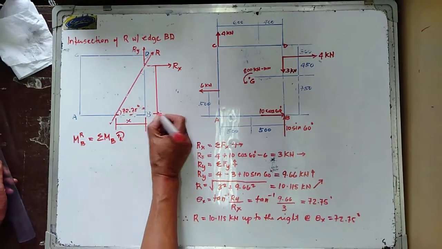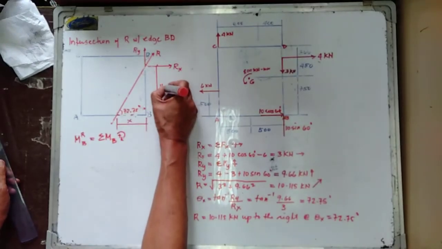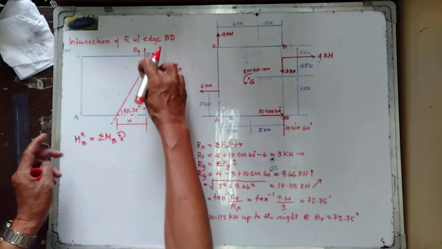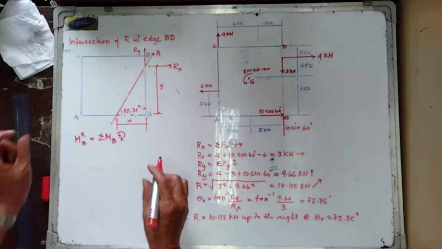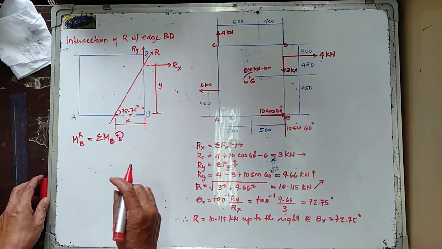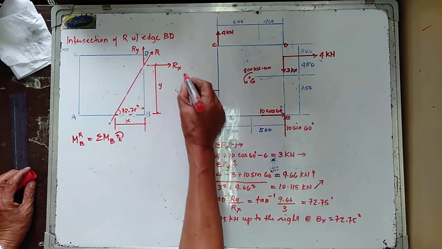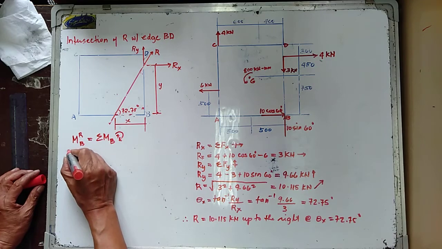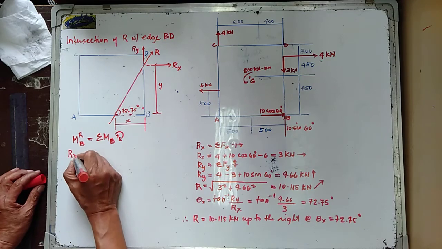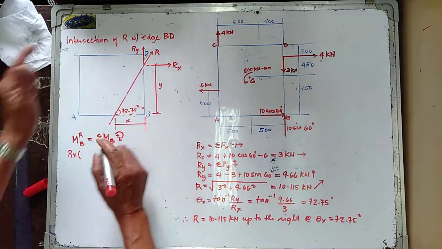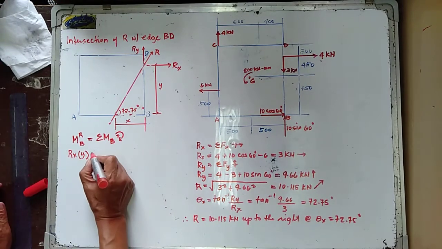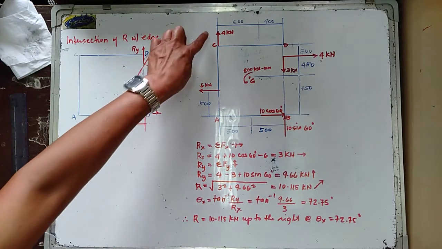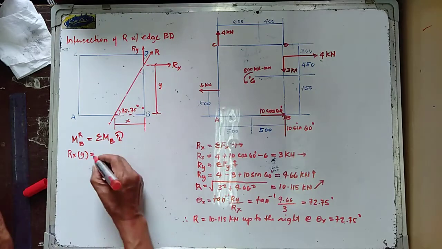So we now have Ry has no moment because it passes through the moment center B. So we have your Rx going clockwise about point B, hence we have positive Rx, and the moment arm is equal to Y. And this is equal to 4 by the moment arm 1,000.